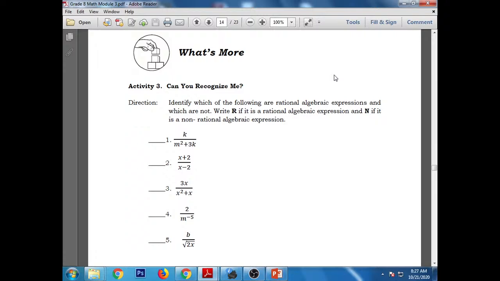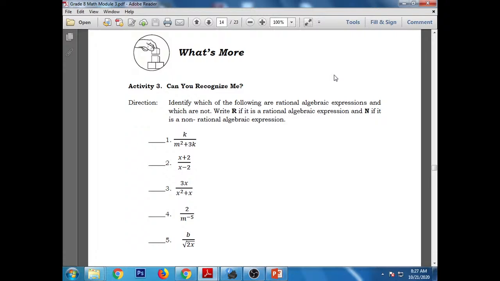Number 4. 2 all over m raised to the power of negative 5. So, the answer is N. It is not a rational algebraic expression because the exponent in the denominator is negative.